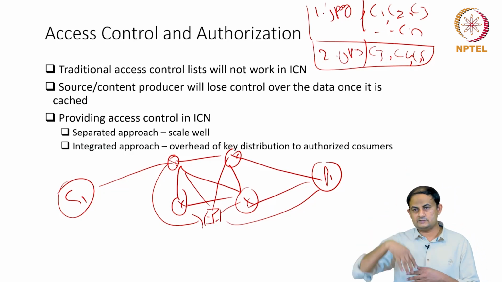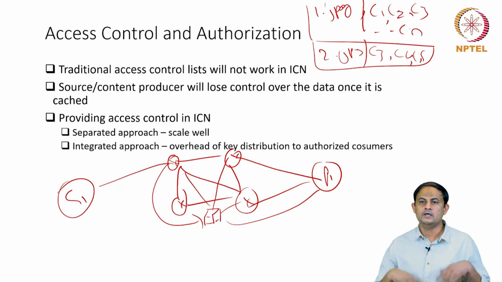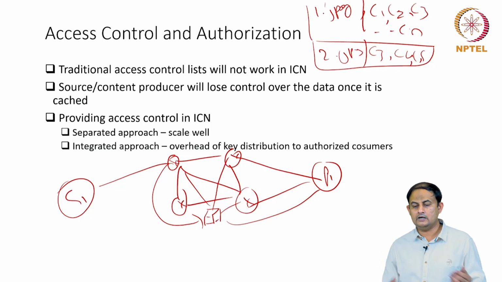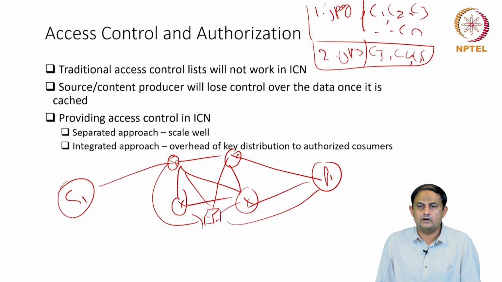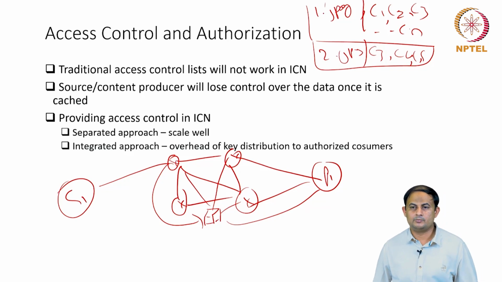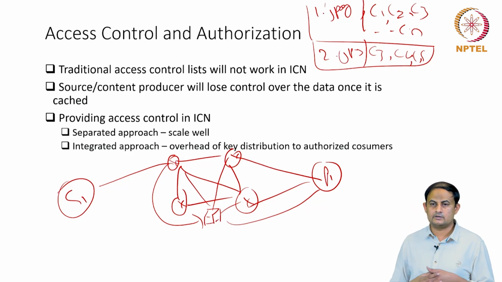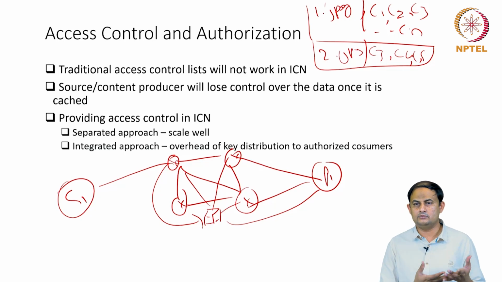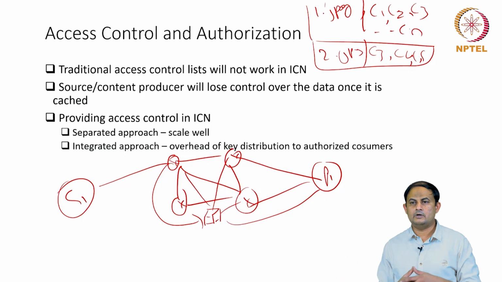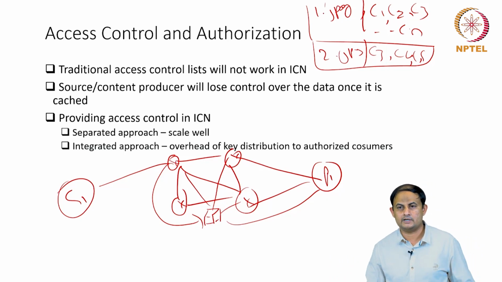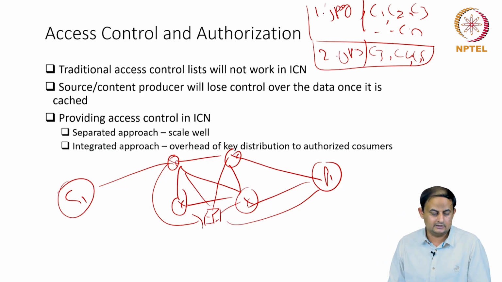So every piece of information that I have stored in every router has this laundry list of the users who are authorized to access that content. Now this is obvious that this will put further load on the network routers. Now I not only have to store the content, but also a laundry list of a large number of users who are authorized to access that content.